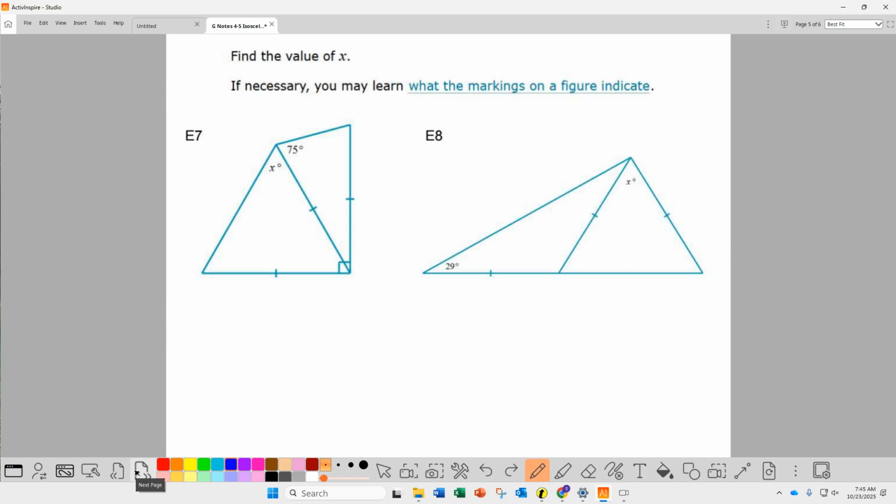Okay, here we go. So we have this triangle where we know this angle is 75 and it is a base angle inside of an isosceles triangle where this side is congruent to this side. That means this base angle is going to be congruent to this base angle. So if this one is 75, this one is also going to be 75. Once you know two angles inside of a triangle, you should be able to find the third by now.